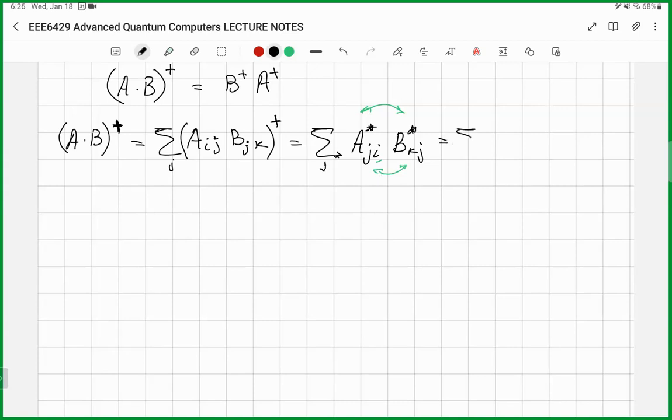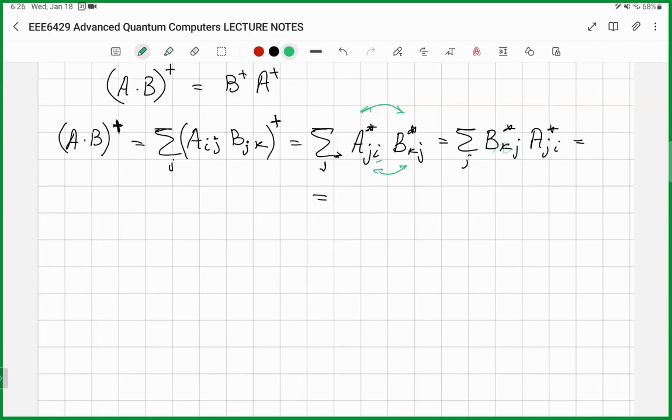So I write it this way: summation over J of B_KJ complex conjugated times A_JI complex conjugated. Now it's correct, and you see that this is basically the product of B complex conjugated, A complex conjugated, but look at the indices.